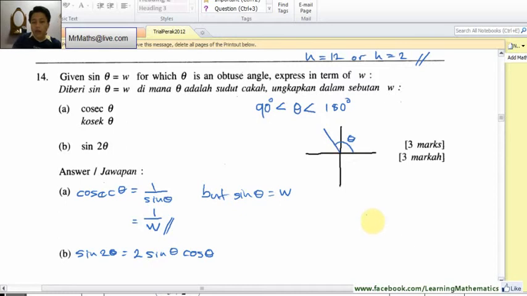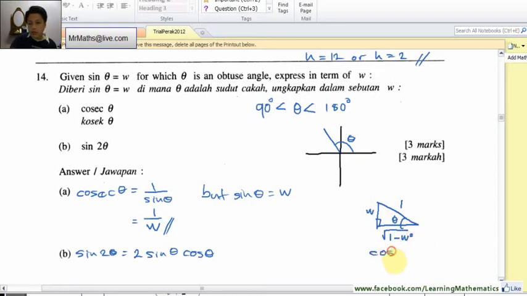How do we define cos theta from sin theta? If we draw a diagram, a right angle triangle, with hypotenuse of unit 1, and if this is theta, then this side over here, the opposite side, is W, while the adjacent is going to be square root of 1 minus W squared.